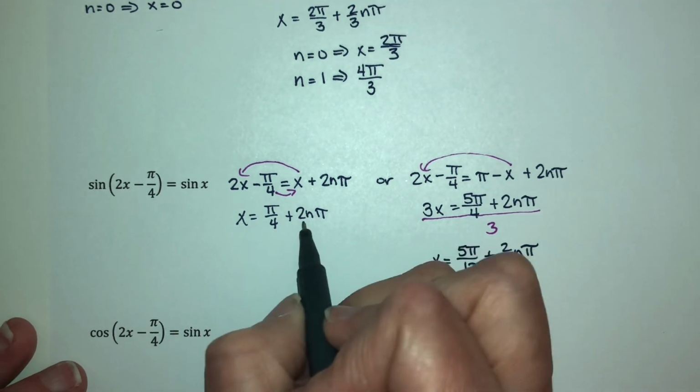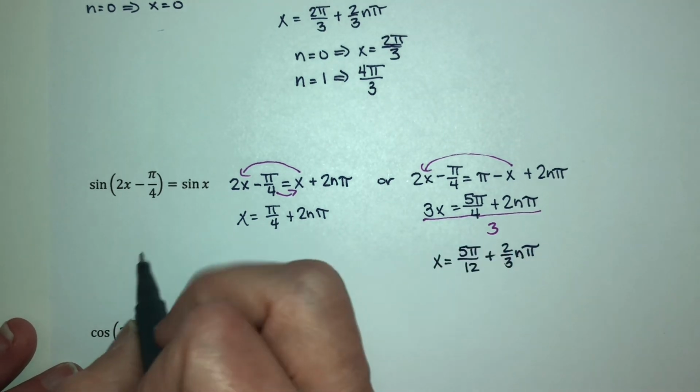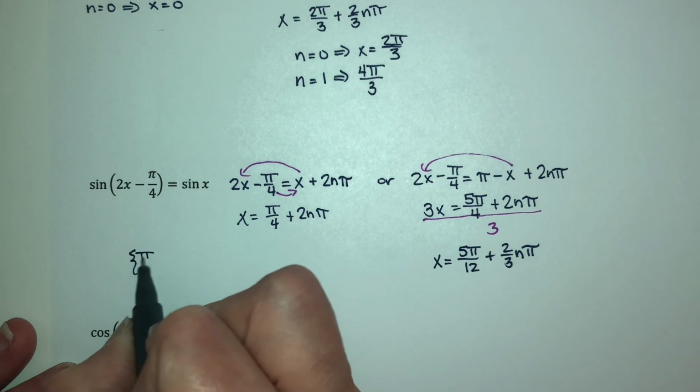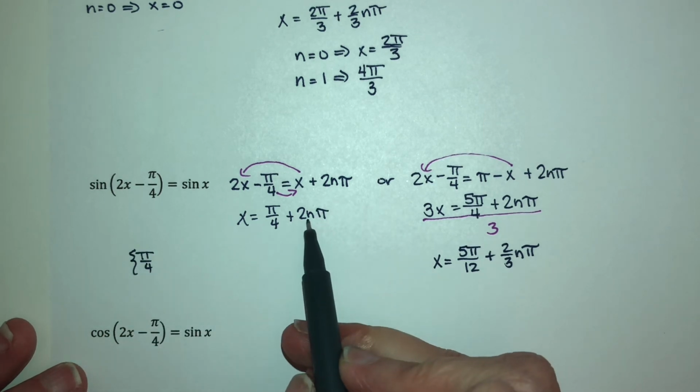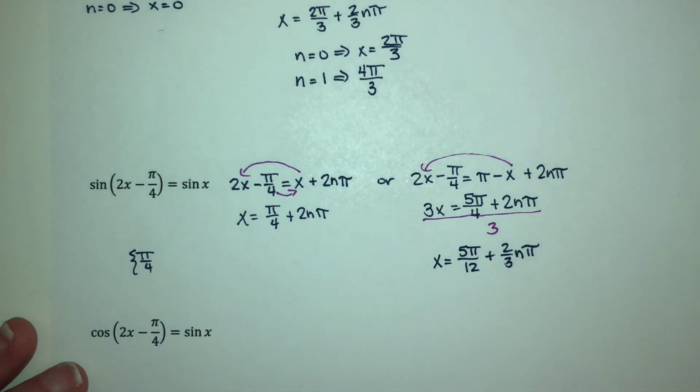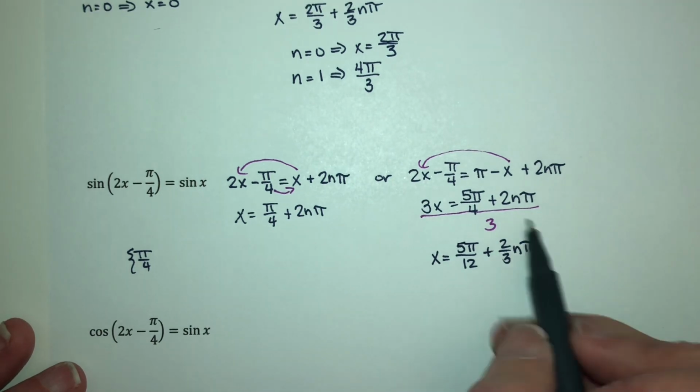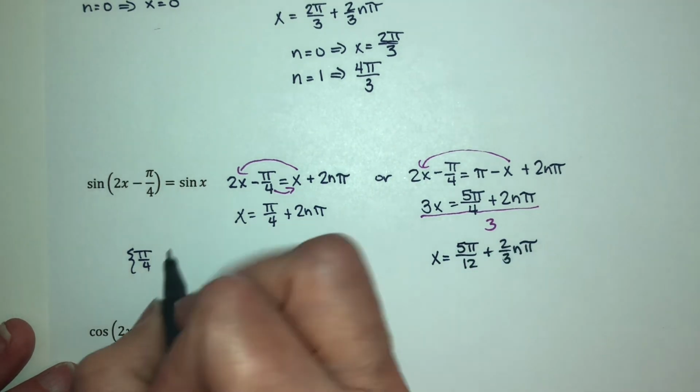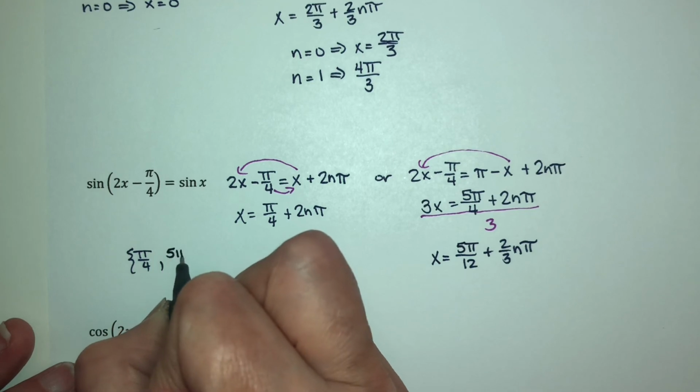Okay, now here if our n is 0, then we get pi over 4. And then if our n is 1, then we're adding 2 pi and we're outside of our range. For this one, if our n is 0, then we have 5 pi over 12.